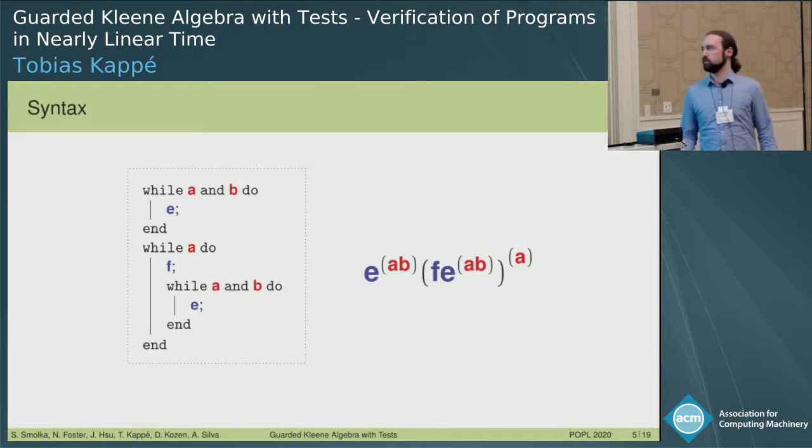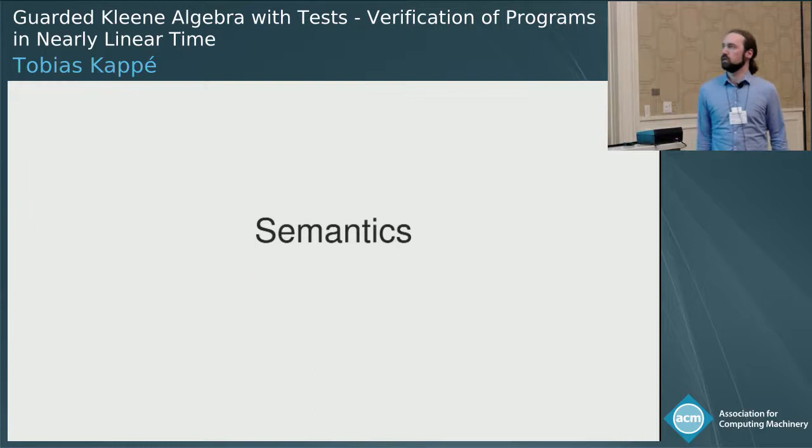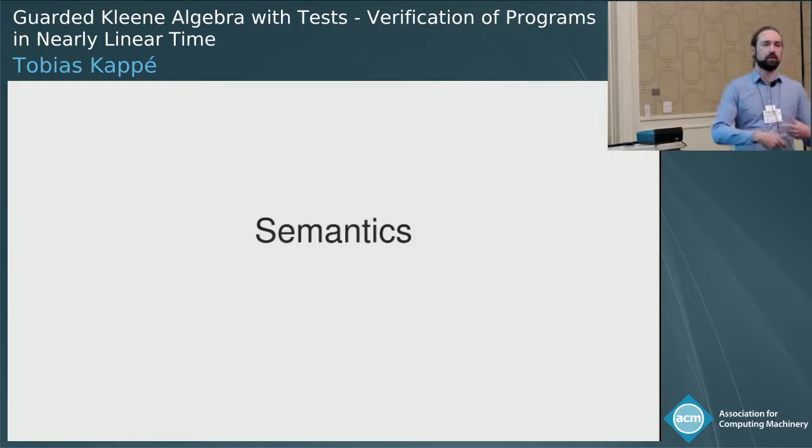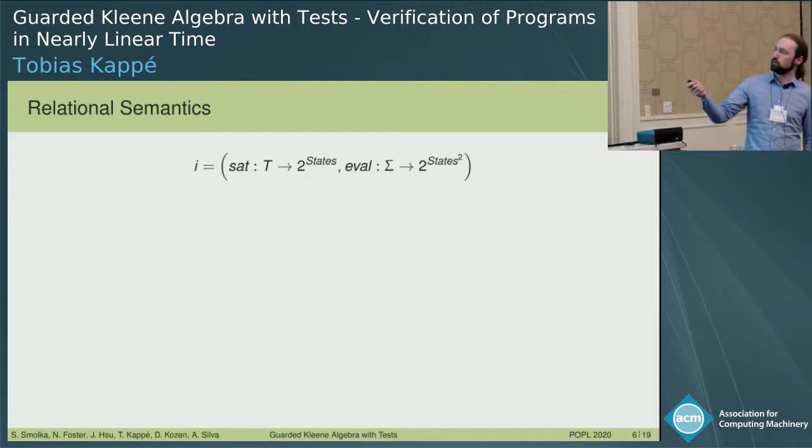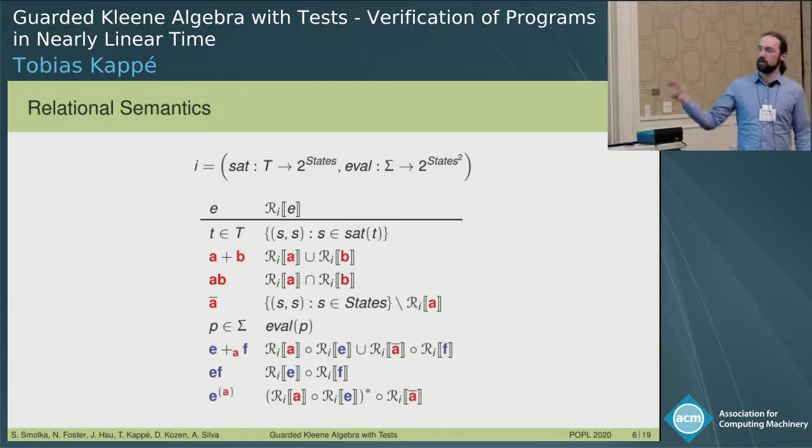Now, you can give a semantics to these programs. And a very natural way to do this is to assign a predicate to every test and to assign a predicate transformer to every primitive program. So this is called an interpretation. So you have your interpretation of tests and programs. And then you can build a function from programs to relations that is parameterized by this interpretation.